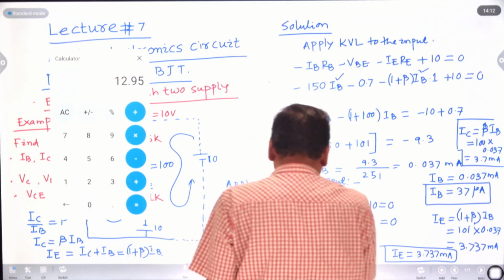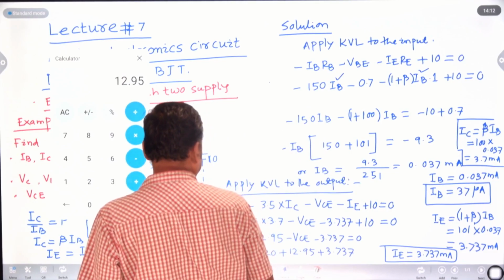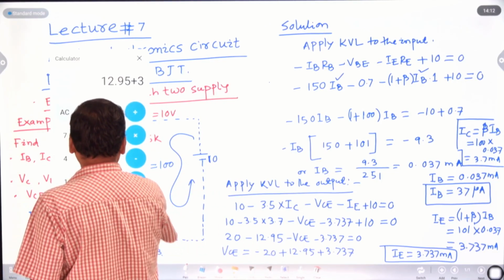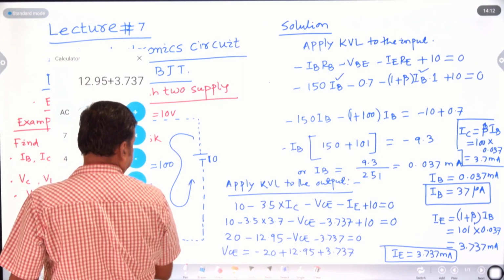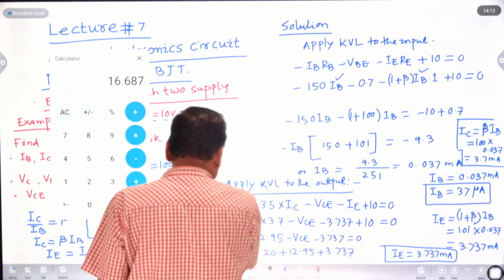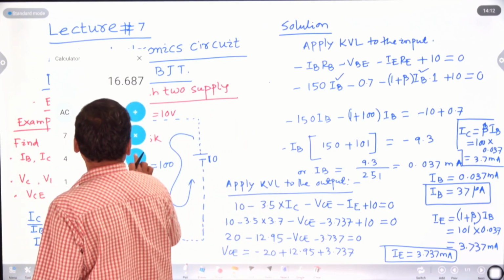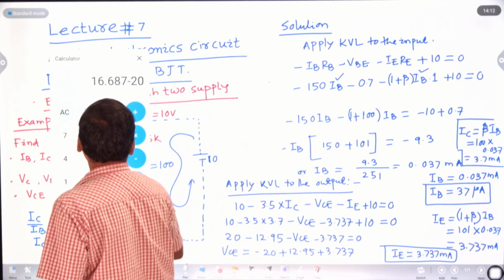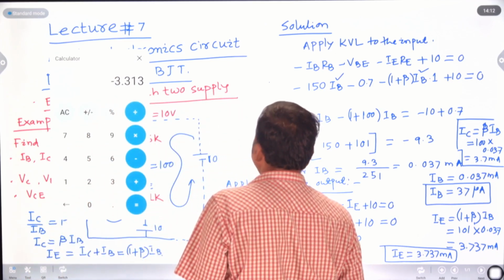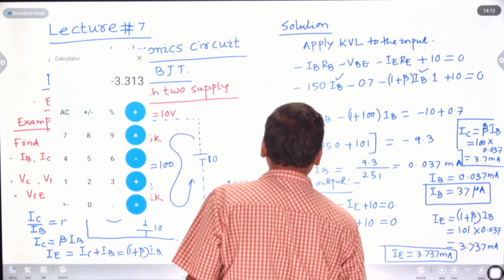The value of 12.95 plus 3.737 is 16.687. So minus 20 plus 16.687, the value will be minus 3.313.